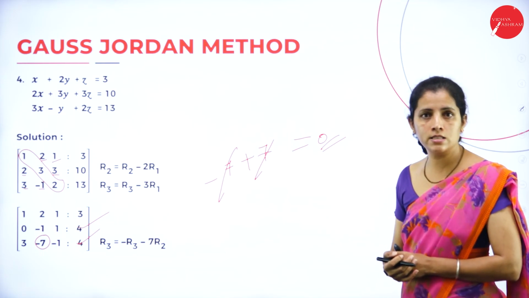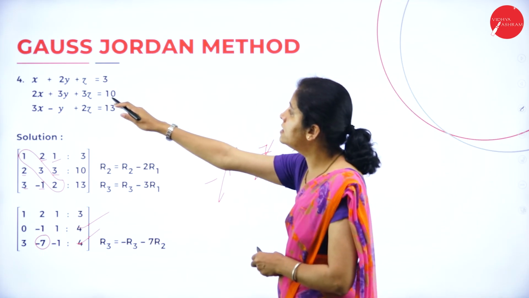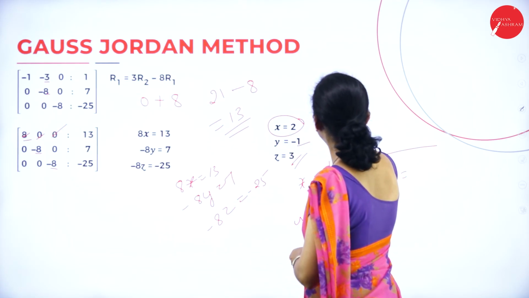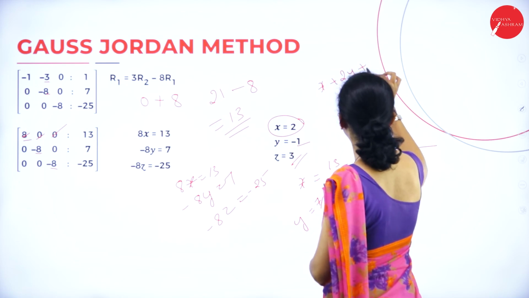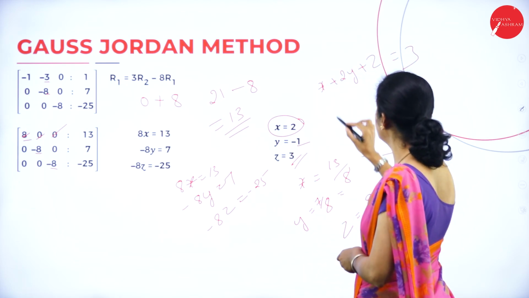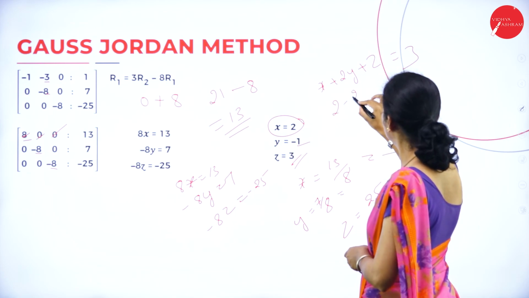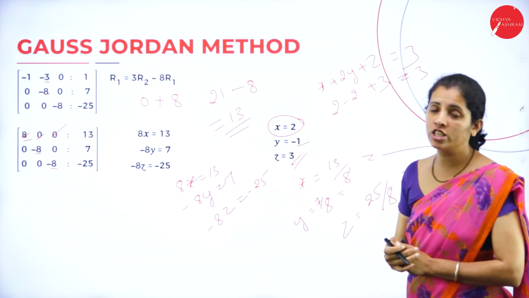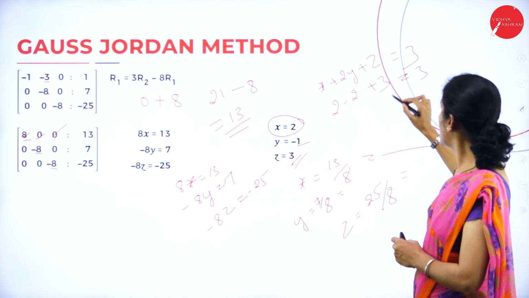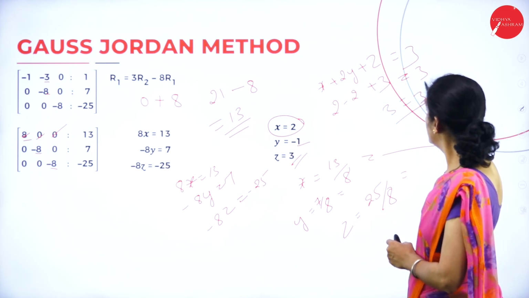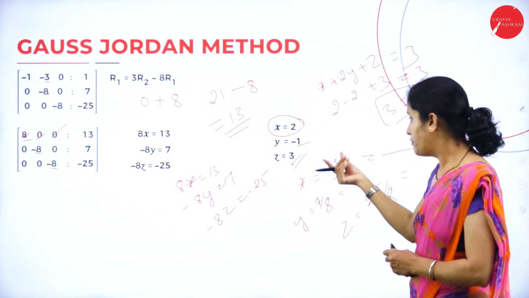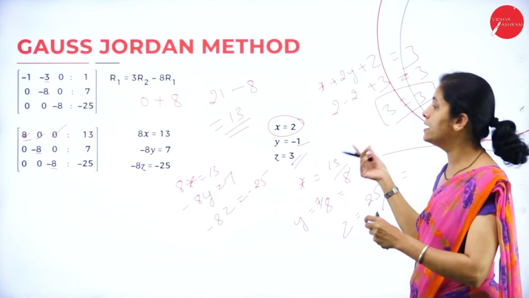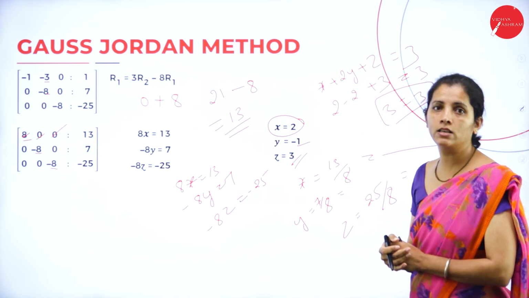So dear student, see here, I have x plus 2y plus z which is equal to 3. So what is x? 2. And what is y? Minus 2. And z is 3. And it is 3. If I consider RHS as well as LHS, I'm going to get the answer 3 and 3. Even though we get fractional values, if we round off the values, then also we get the exact answer.